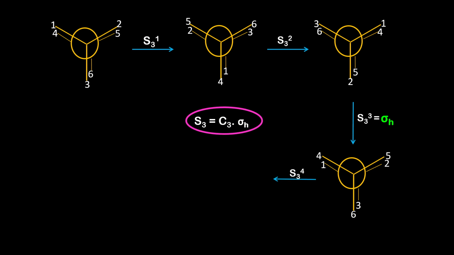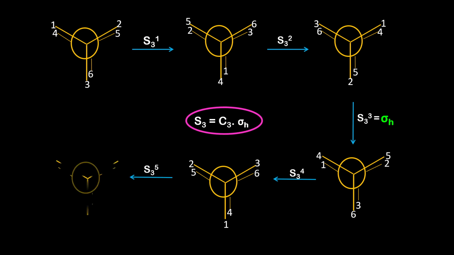Next, S3^4, four improper rotations, leads to this orientation. Next we apply S3^5, so here we get this orientation. And the last, S3^6, leads to identity. Here we get the original orientation back.